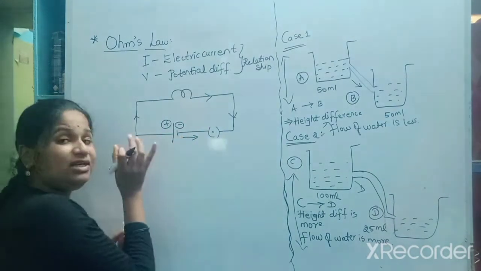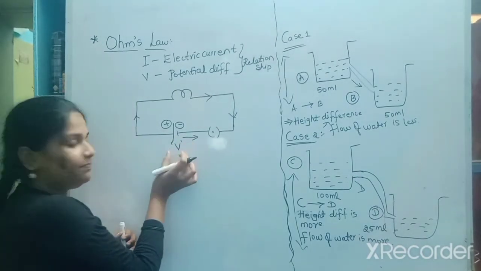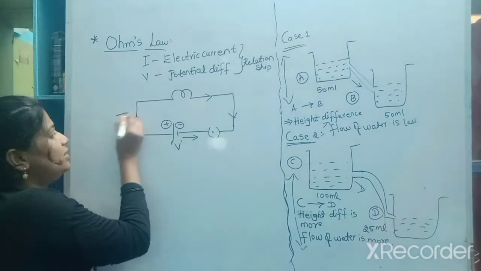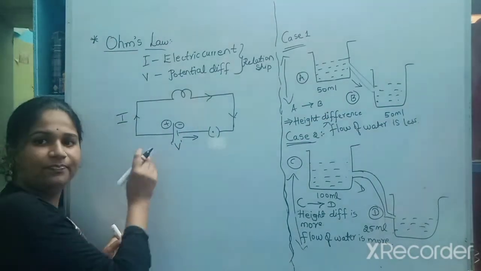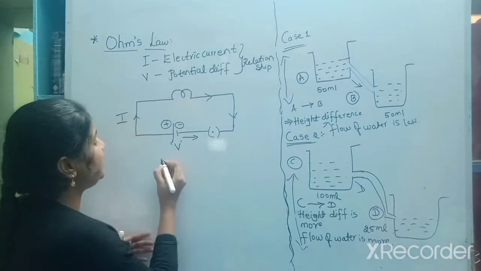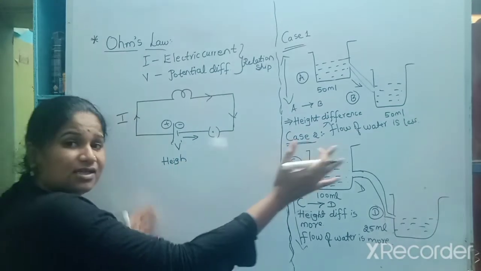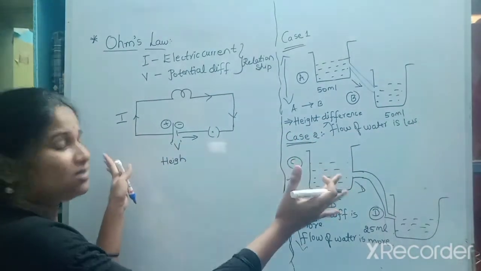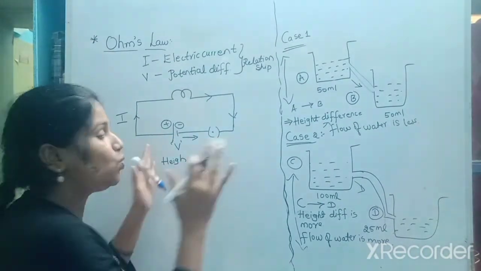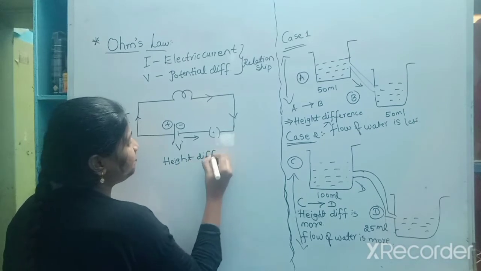The potential difference at the cell is denoted by V. This is the potential difference V, current I, and then this is a switch. Now let us consider the height difference. Let us try to bring these two concepts together as one concept.